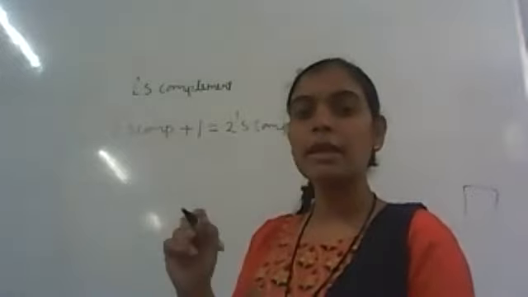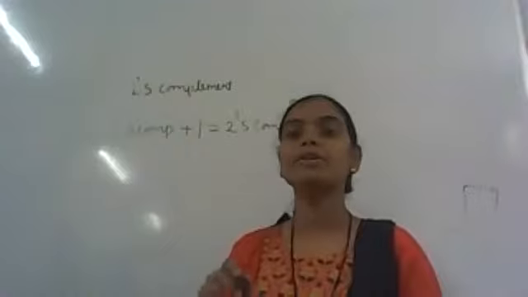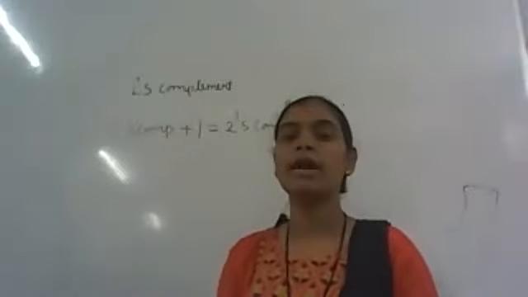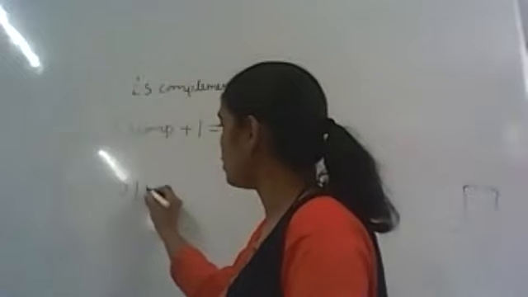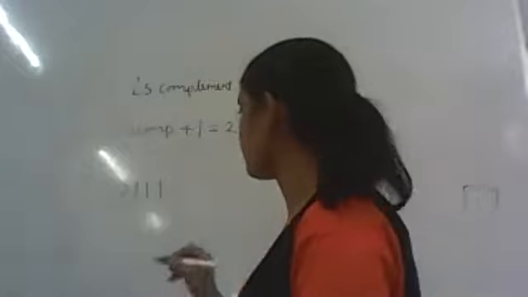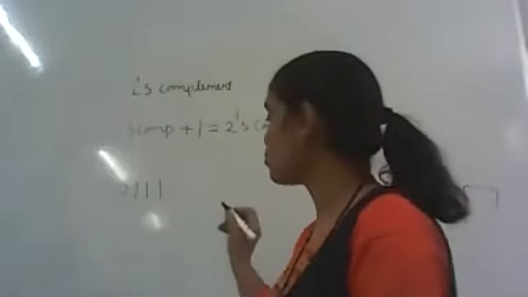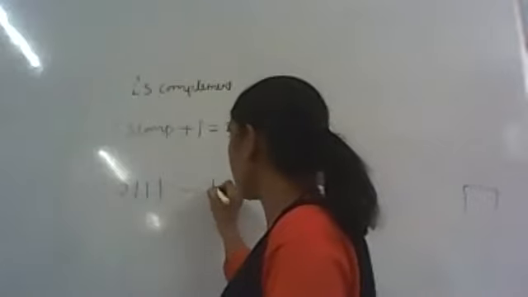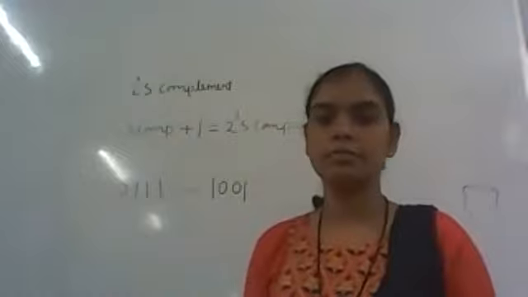Here, 1 is added to the 1's complement of the binary number. For example, take the number 0 1 1 1, and its 2's complement is 1 0 0 1.